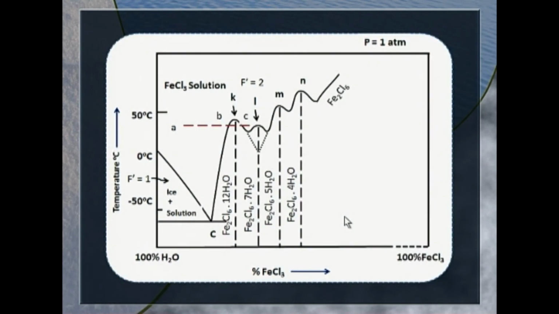The phase diagram looks very interesting with so many humps, and each hump corresponds to a salt hydrate. This is corresponding to dodecahydrate, this is heptahydrate, the pentahydrate, and this is with 4 water molecules.